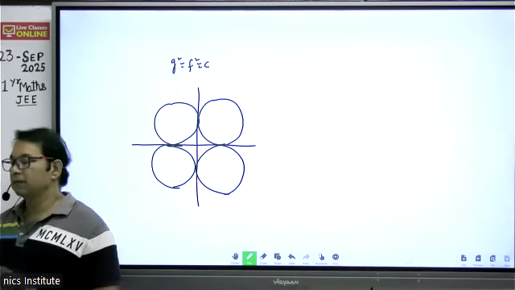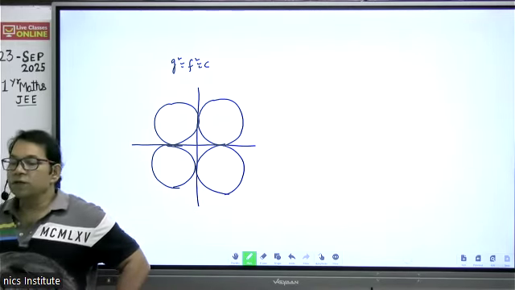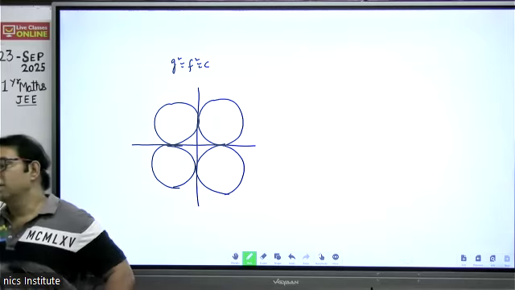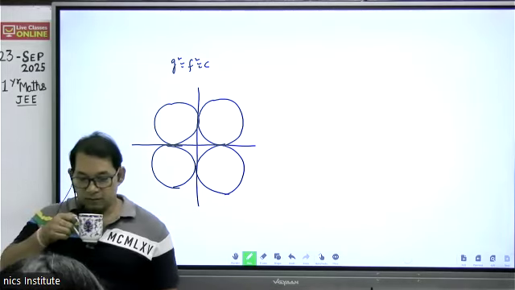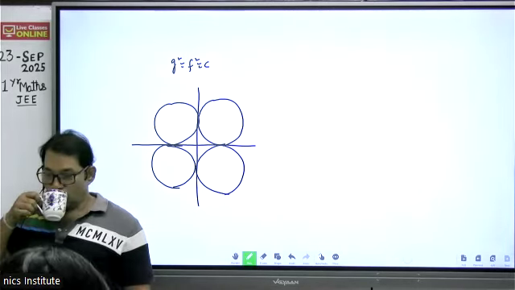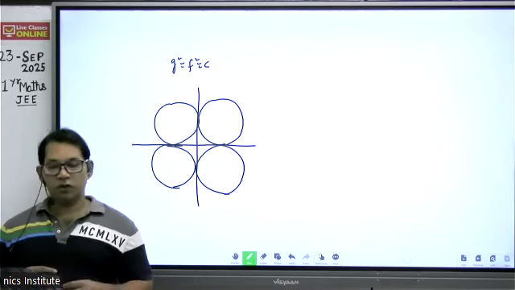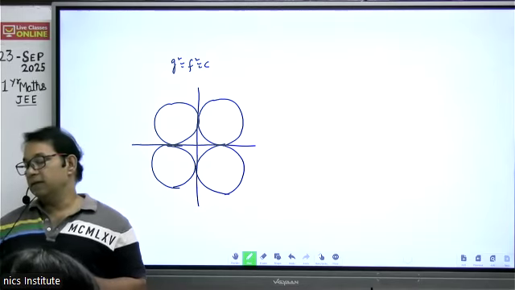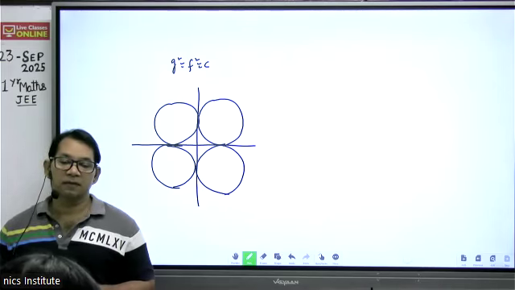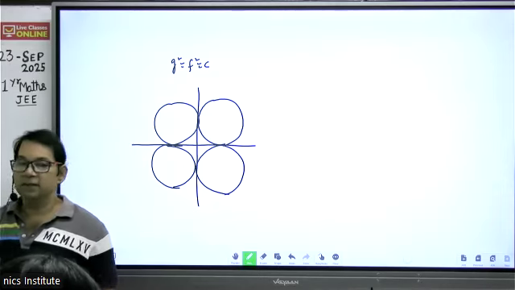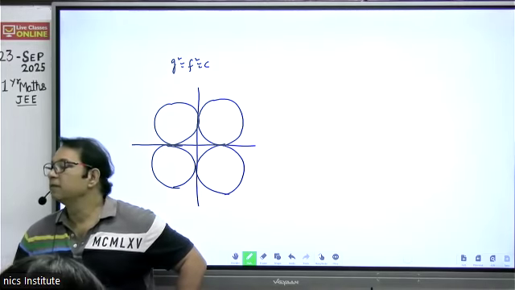Write a question. Find the equation of the circle which passes through the origin and touches x-axis, given its radius is 5 units.